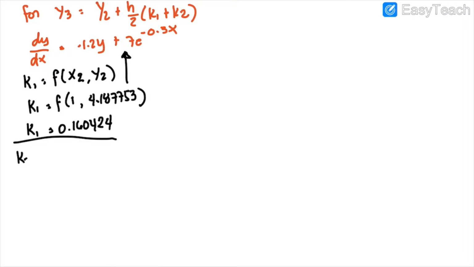Then for k2, that is f of x2 plus h and y2 plus k1h.